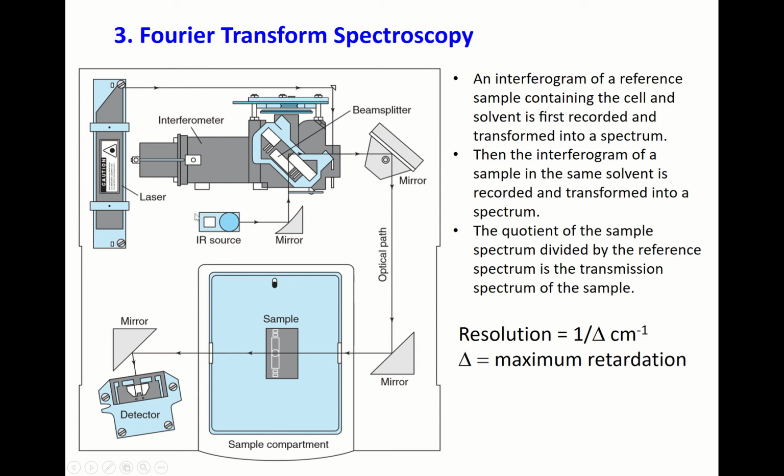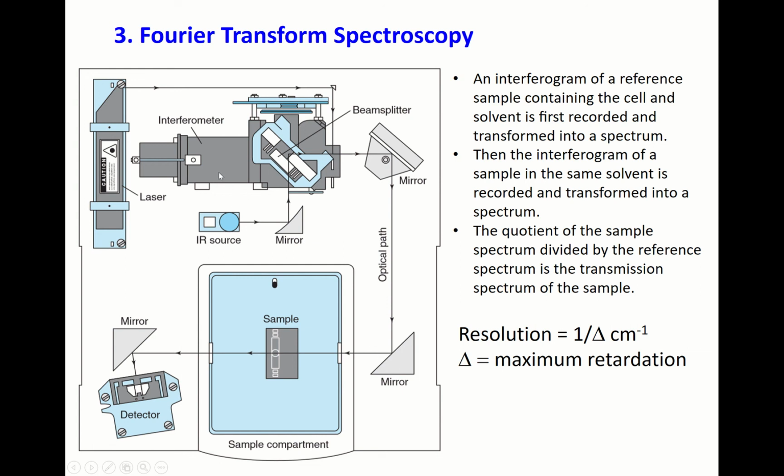Here is the interferometer. There is the IR source, and you send the IR beam through here, and here is a beam splitter, the mirror here, and the moving mirror maybe around here.